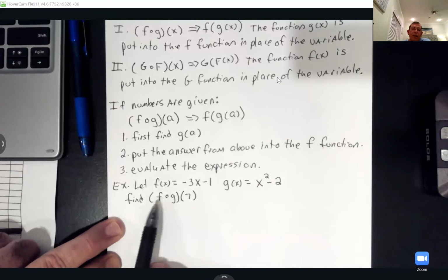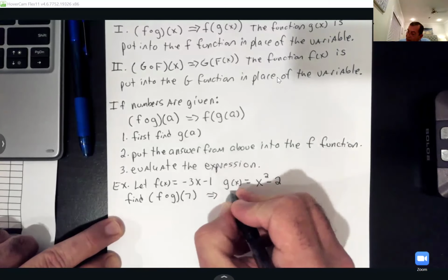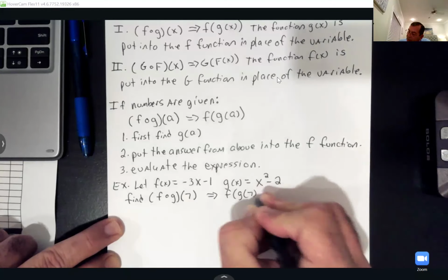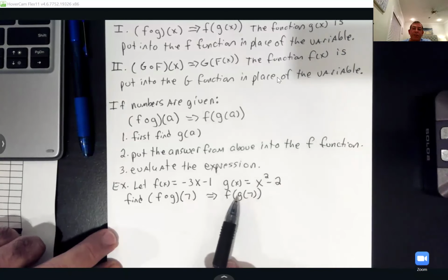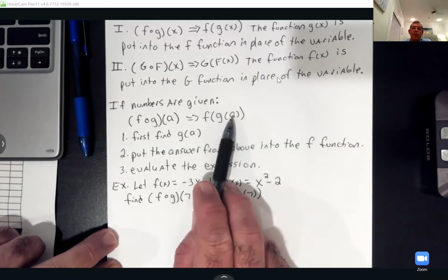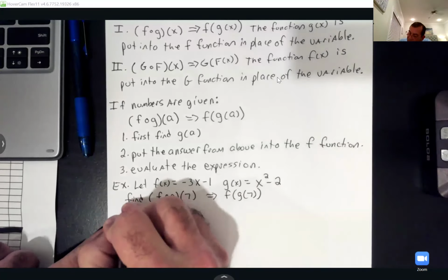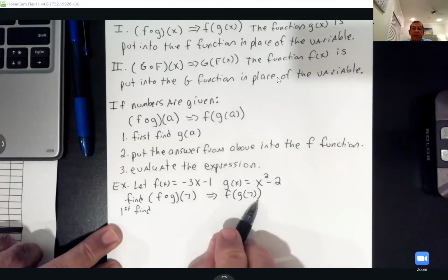So y'all, this notation is the same thing as finding f of g of 7. So we start with the g of 7 first, like we said here. We start with the number they give us in the g function. So the first thing I'm going to find is g of 7.